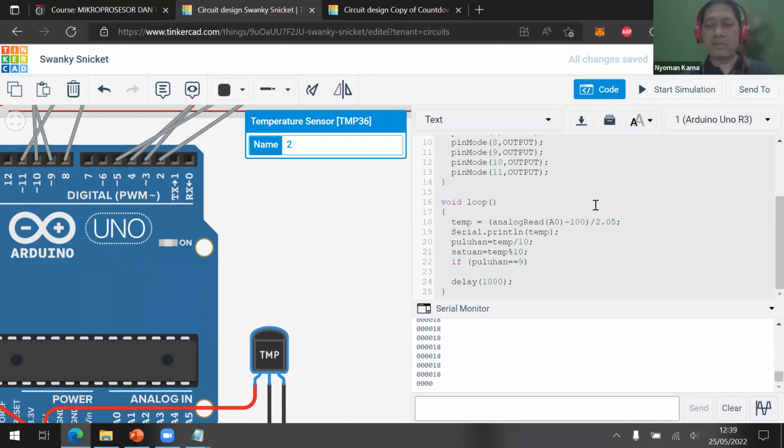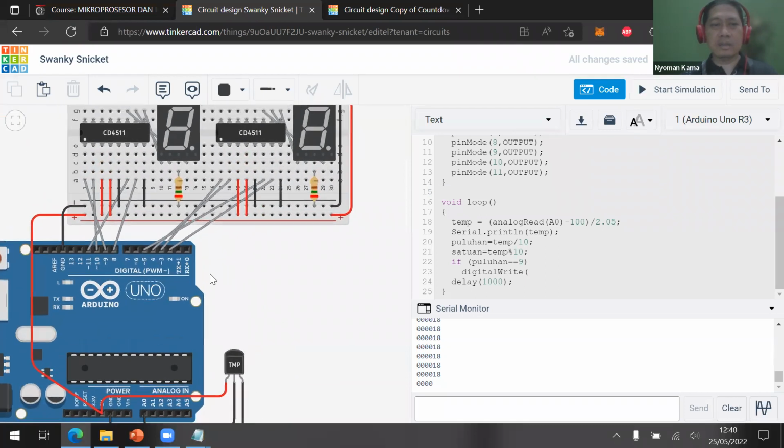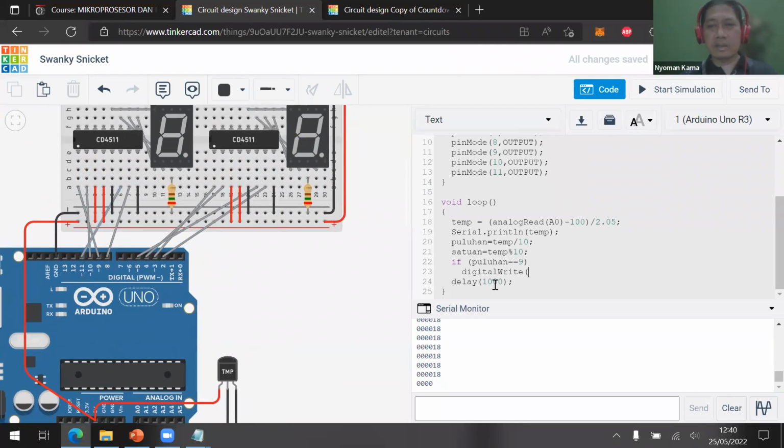So if puluhan is 9, then digital write: I'm going to send 11 as high, and then 10 with low.